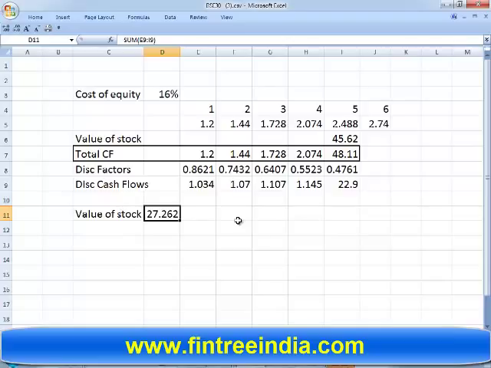Then now the last one, where you first find out the terminal value. So terminal value would be 2.74 divided by 6% equal to, yeah, no, hold on. So how much is that now? 45.66. Now why am I getting a different terminal value? 2.74. 45.66.